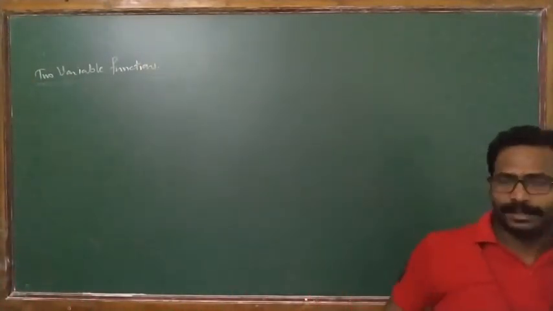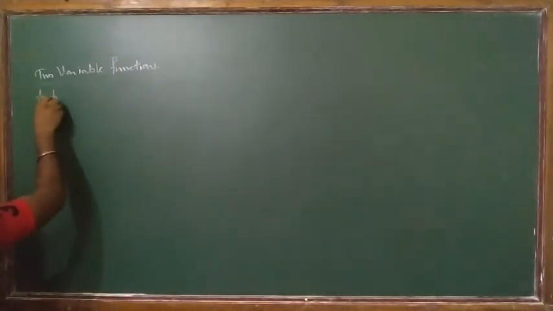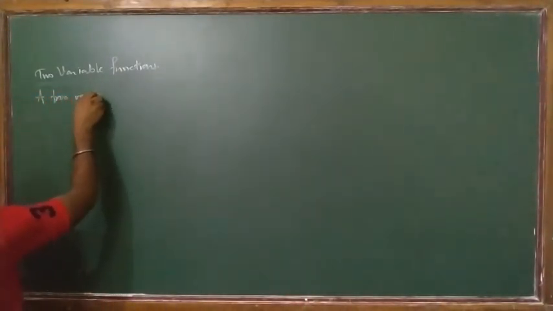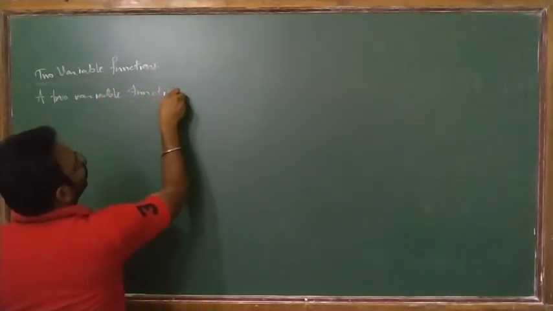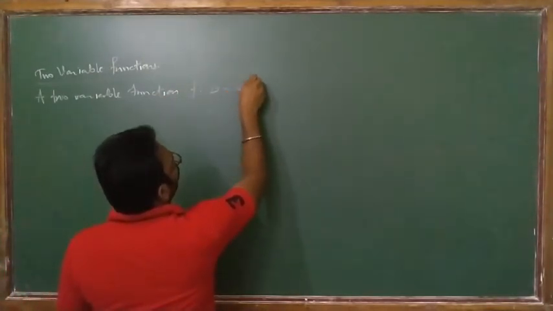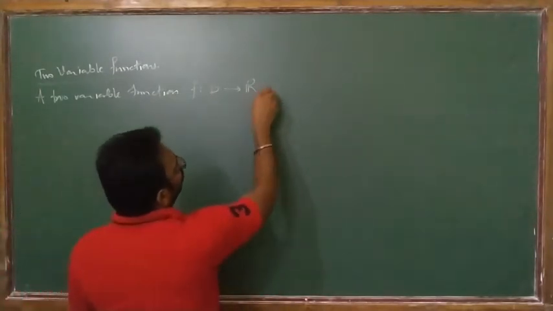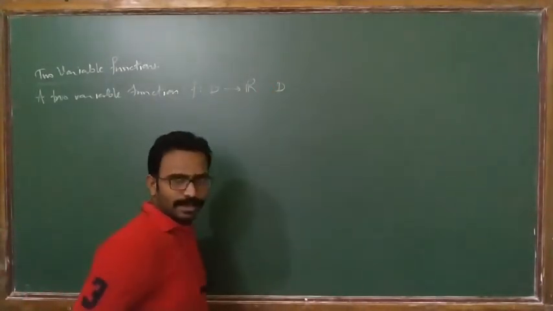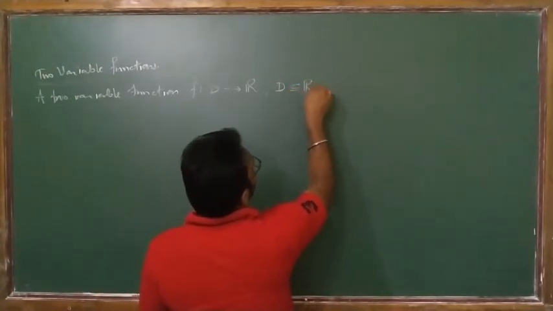You might have remembered. So a two variable function f from set D to R, which is a real valued function defined on a set D, which is a subset of R2.